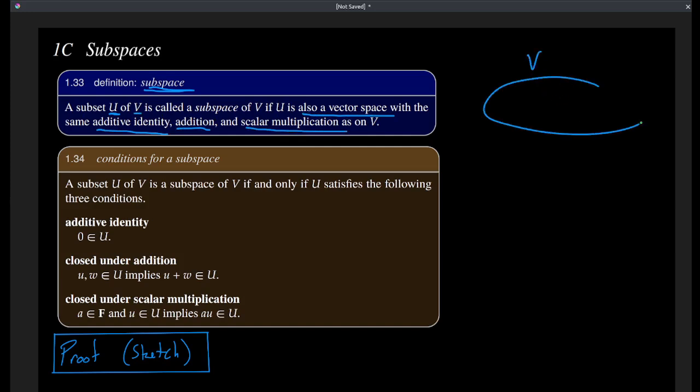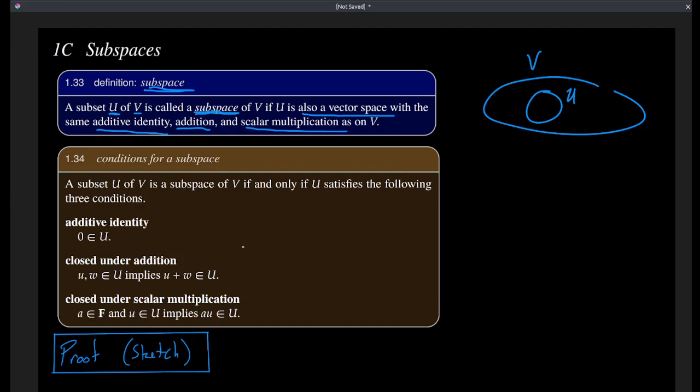You've got a vector space V, and then inside of it, you've got a little vector space U. So you can grab plenty of different chunks inside of a vector space, but not all of them are themselves vector spaces. Those little vector spaces inside of big vector spaces, we're going to call subspaces. So subspaces are little vector spaces inside of big vector spaces.